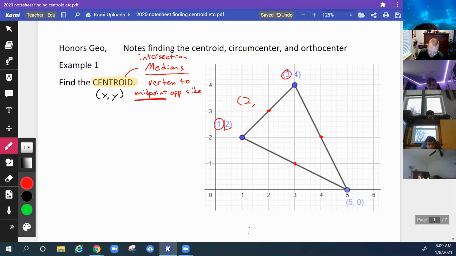And then if I take 2 and 4, that's 6, divided by 2 is 3. So we're just going through and finding the midpoint, and then doing the same thing for all of them. So if I got 5 and 3, that's 8, divided by 2 is 4. And then 4 and 0, that's 4, divided by 2 is 2.